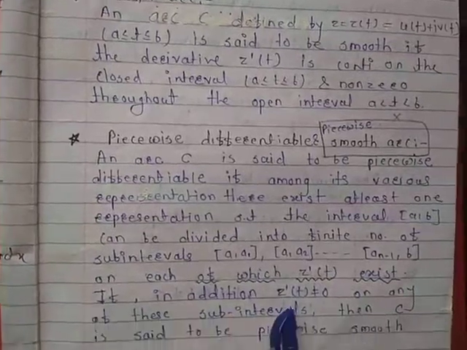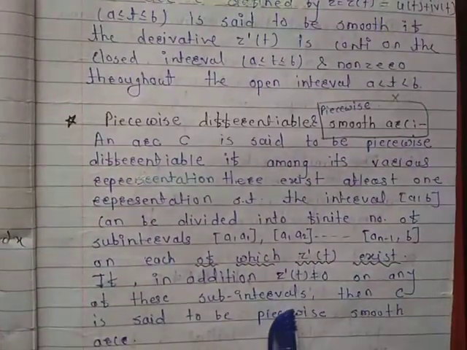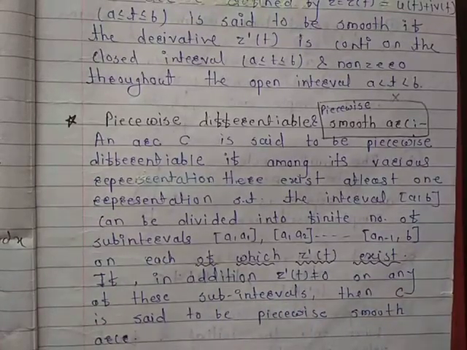If in addition z dash of t is not equal to 0 on any of these sub-intervals, then C is said to be piecewise smooth arc.